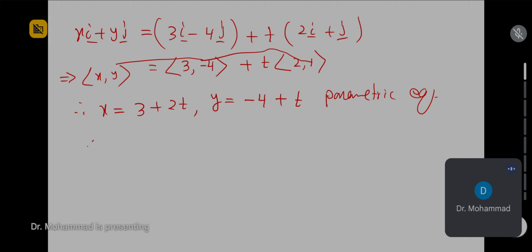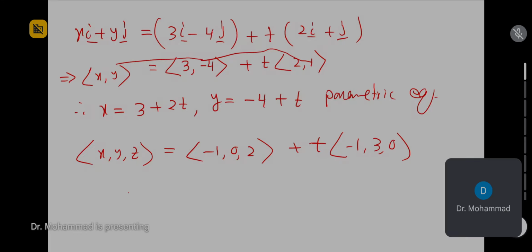For example, we take another example in the next problem. So look at this problem. From here we can form the parametric equation. Can we write directly x equals -1 minus t, y equals 0 plus twice t, and z equals 2 plus t times 0?